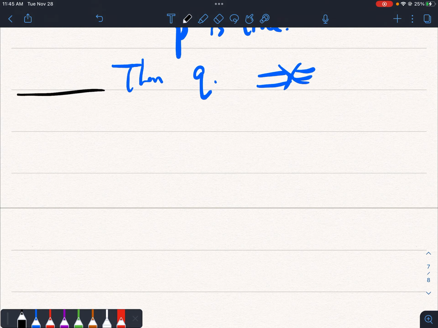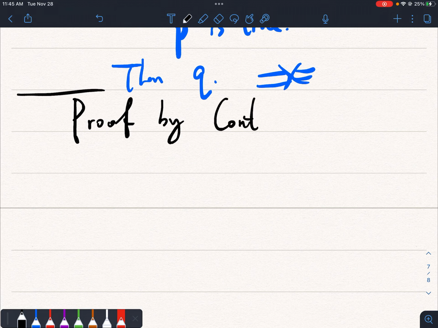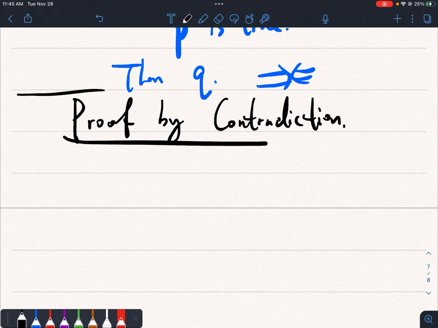So we have to talk about proof by contradiction, which is super powerful and useful, and many beginners are not good at it. If you understand the main idea, then you feel very confident.